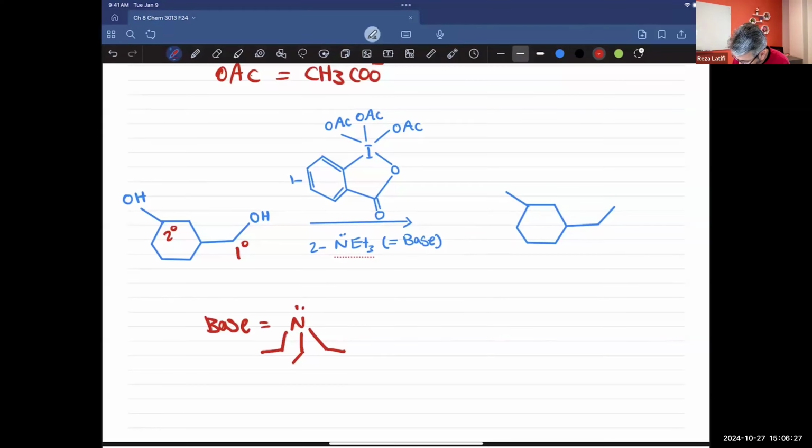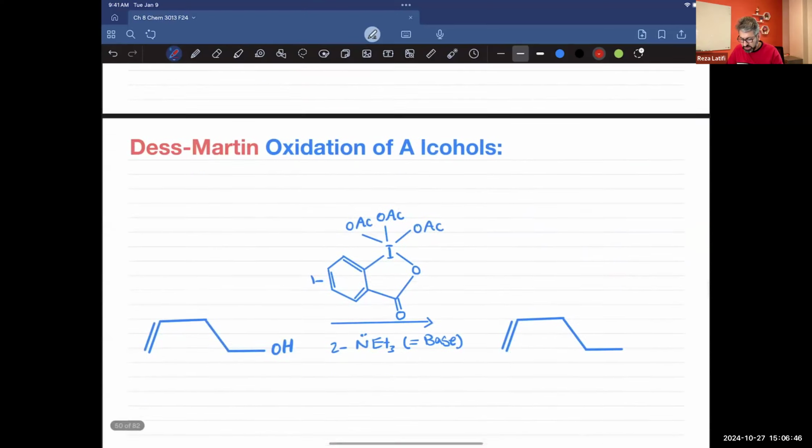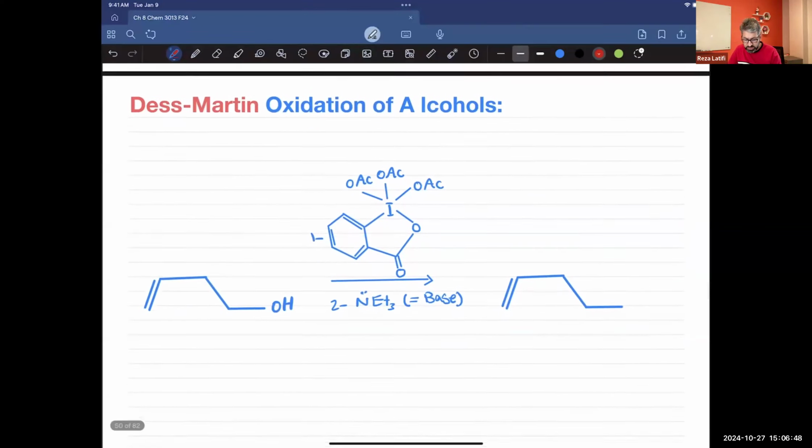So I'm going to get a ketone here. This one will be ketone. And primary will turn to aldehyde. Okay. And another reagent will be here. Forgive me.